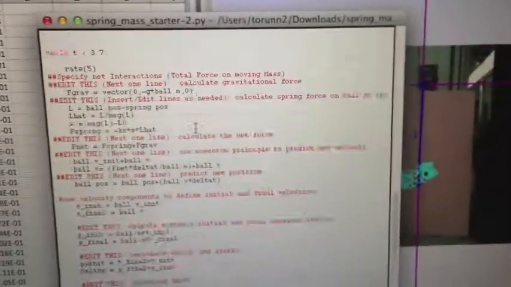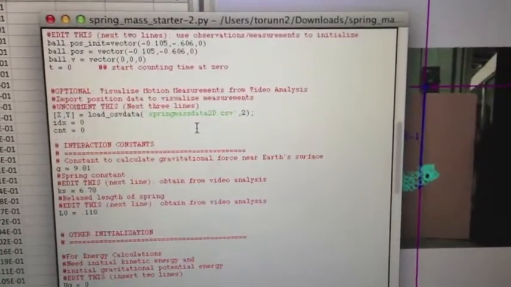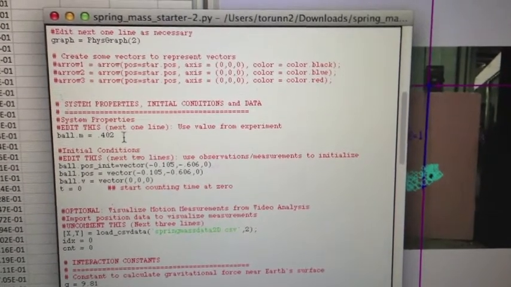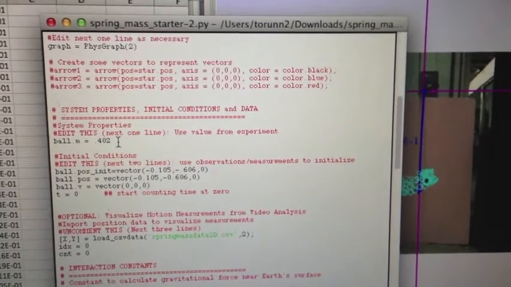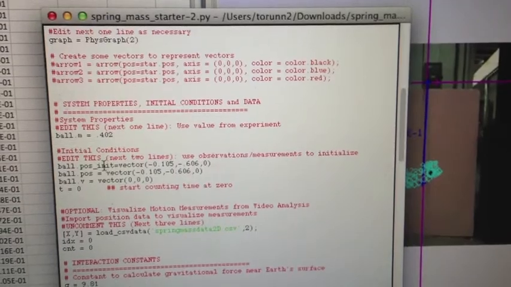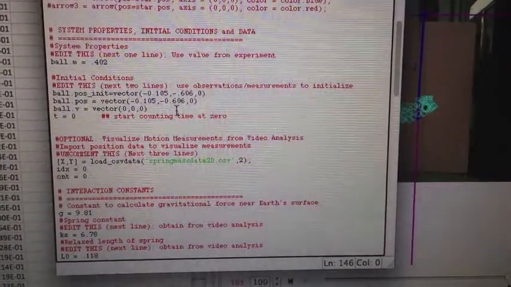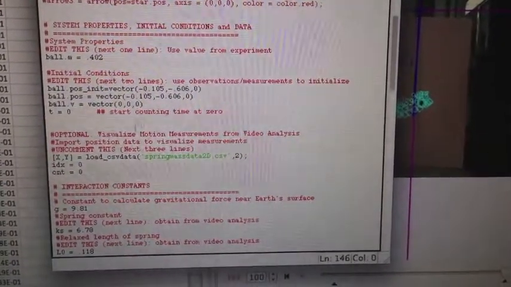So once we bring up my Python code, this was the one that we wrote last week in lab, and I just made some changes to it. The first thing I did was set my ball mass to 0.402, and I set my initial position to the very first values that I got in my tracker data, which was negative 0.105 and negative 0.606.